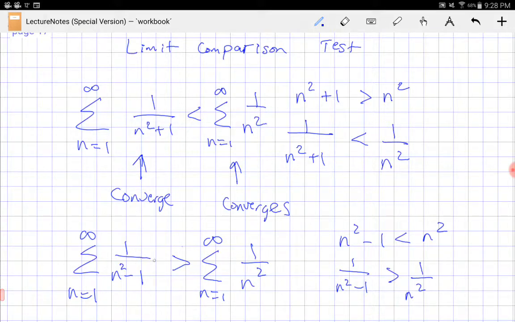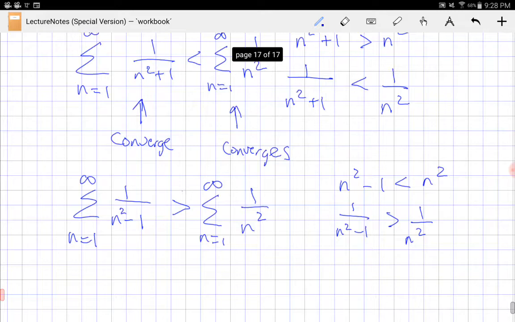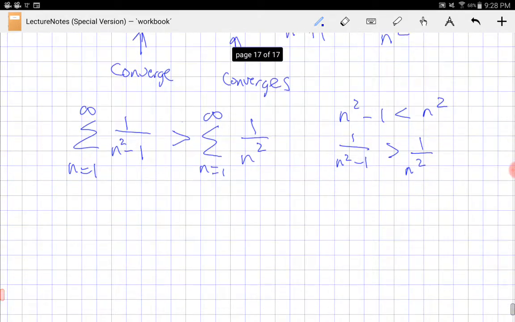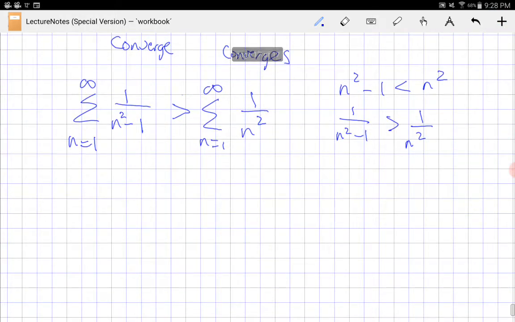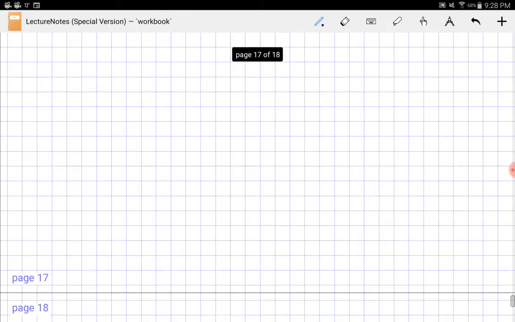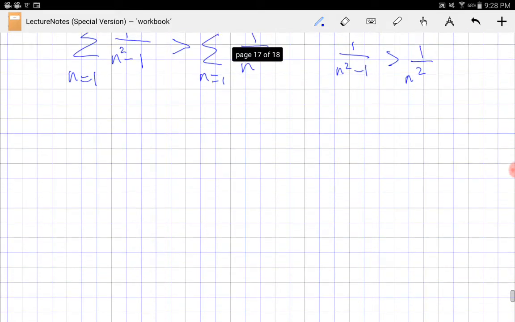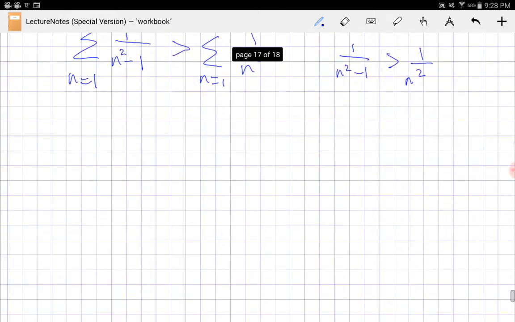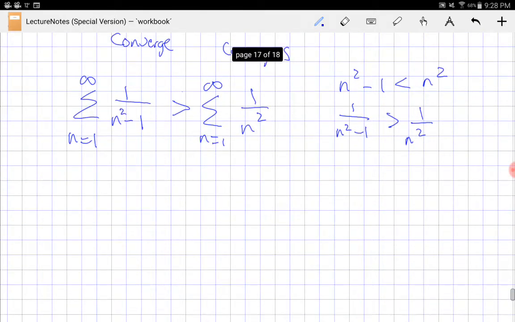But intuitively, we feel like when you're going to infinity, subtracting 1 from infinity squared isn't really going to change too much about the behavior of your numbers. And so somebody took this intuition and decided, why don't we compare the behavior of two series?